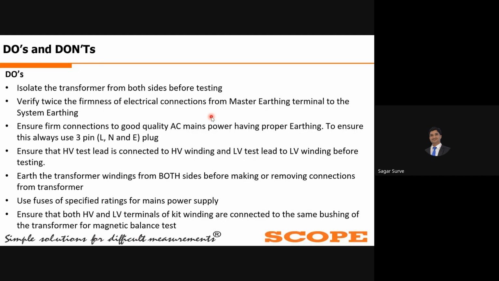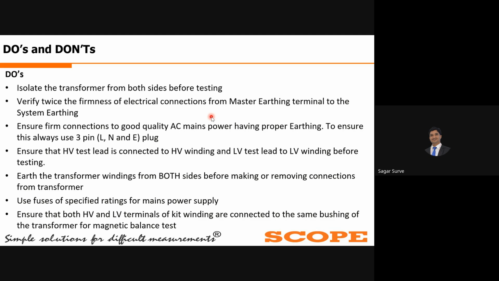Whenever we are conducting any type of testing on any electrical equipment, there are always some standard SOPs to be followed. There are some do's and don'ts recommended by the manufacturers and experts that we have to follow. So while performing the test on the transformer, there are some do's and don'ts which we will see.